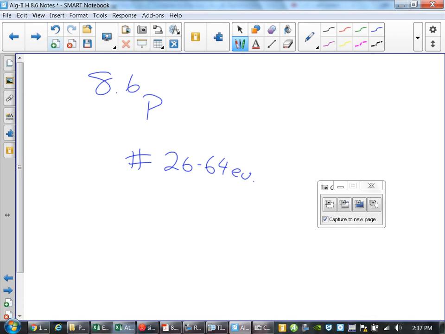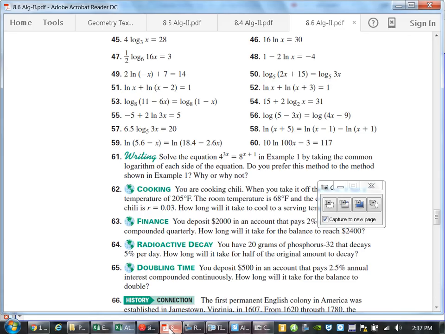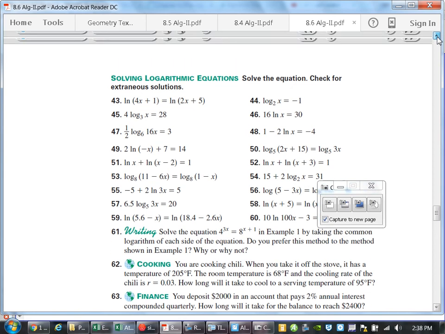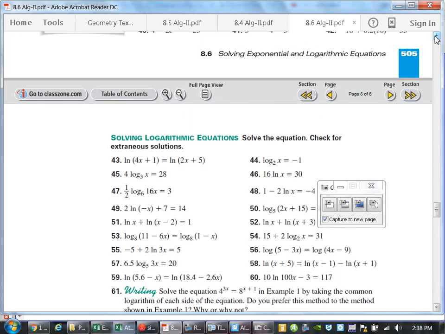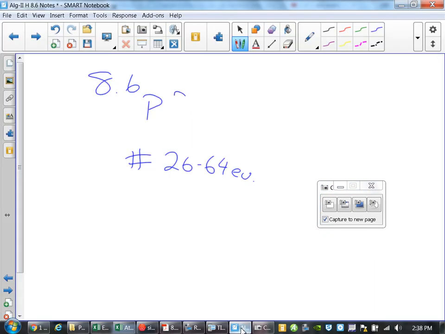What's that? As soon as we write this down. I just want to see what page. I forgot what page it was. Gosh, Murph. Oh, sue me. I will. 505. Okay.